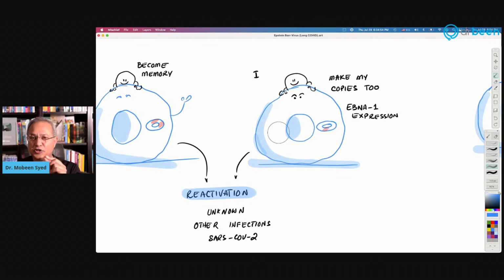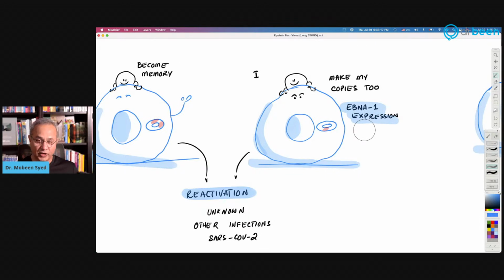The virus is just producing enough enzymes that whenever the cell divides, with that cell, the virus divides as well. They make just one enzyme. That enzyme is EBNA1. And we use that to understand if the virus is present or not.